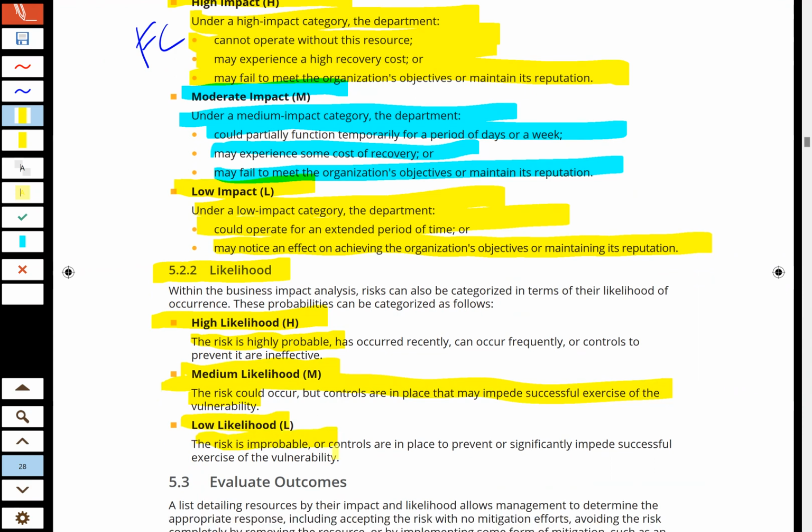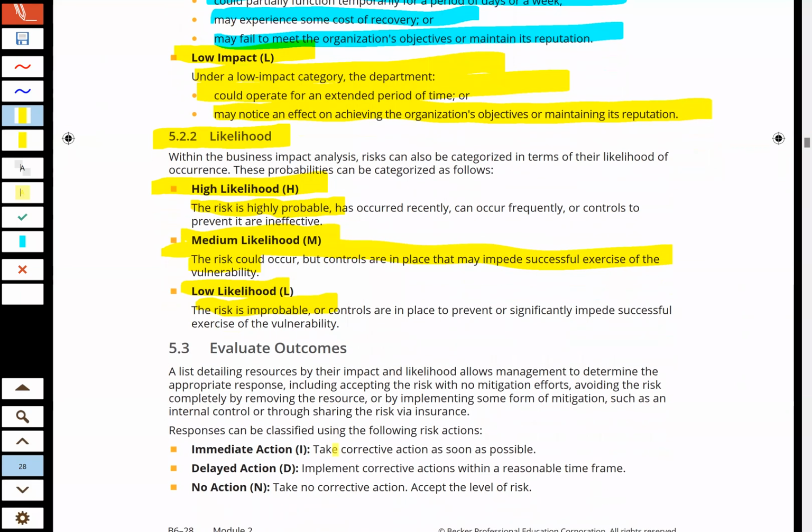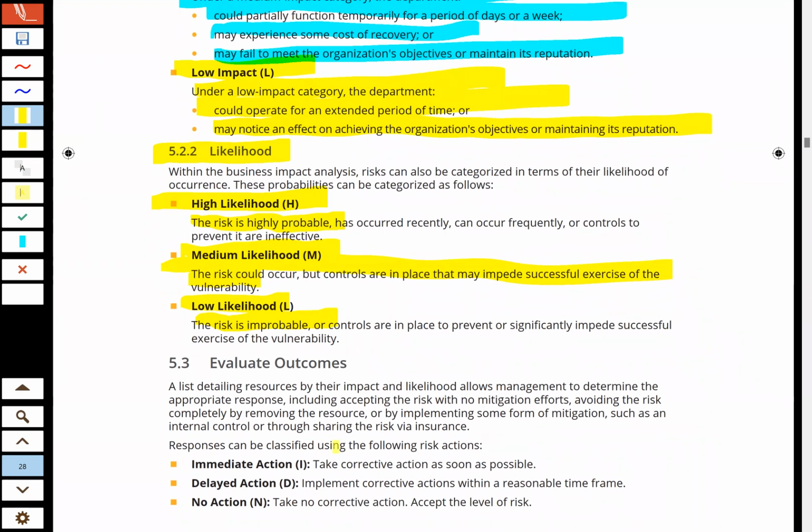Okay, now you come over, and if you consider both high impact and high likelihood, then what does that mean? That means that if you had a situation like that, you would have to take immediate action for those things that are high impact, high probability.